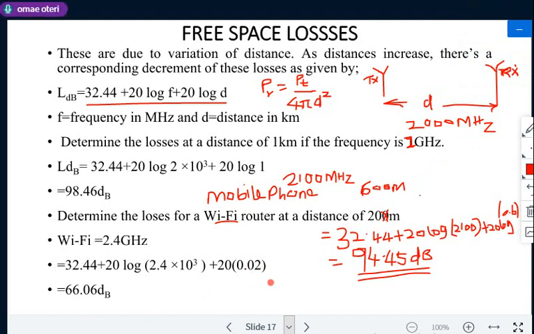Please know that if you are plotting, your graph will appear this way. That is the losses. So with respect to distance, as you increase your distance, the losses are also increasing. But now, if the losses are increasing, what will be the received signal?